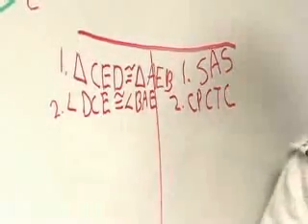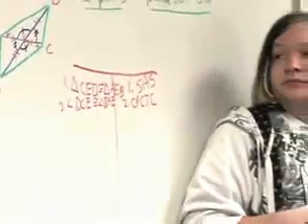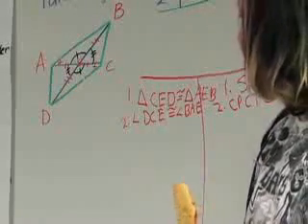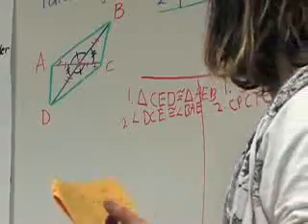Would you read those out loud for us so we can hear you? Angle DCE is congruent to angle BAE, which I also marked on the parallelogram.